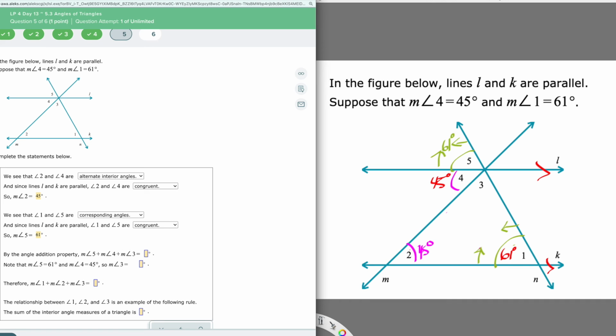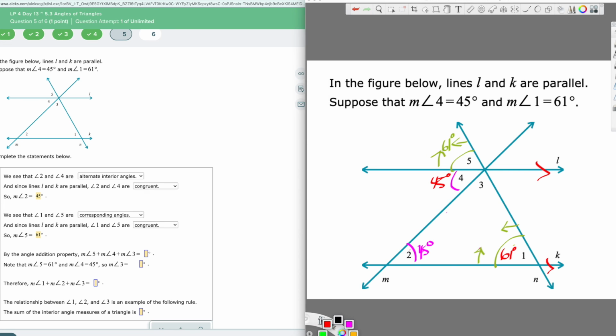All right, so now by the angle addition property, angle 5 plus angle 4 plus angle 3 have to add up to what? Let's see, what color have I not used? We're going like this, angle 5 plus 4 plus 3.